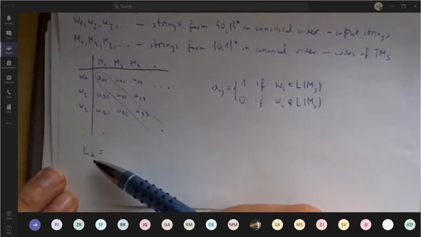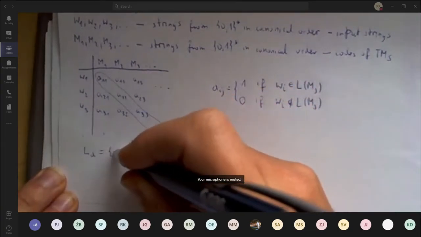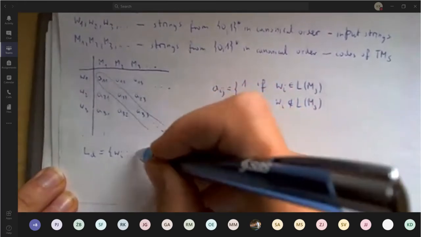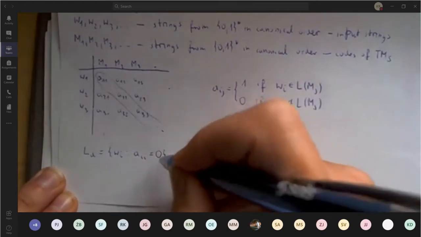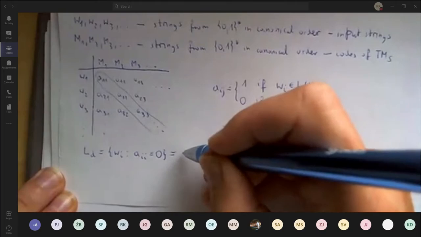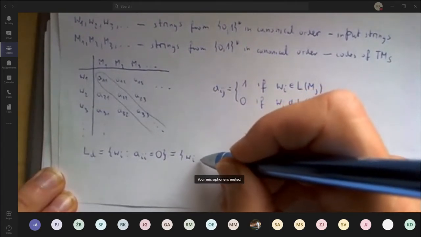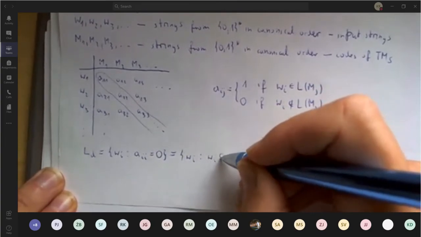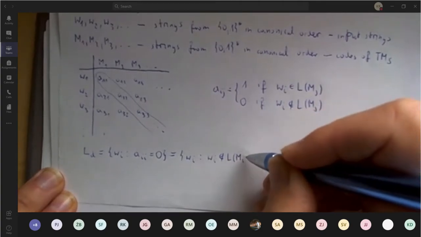We will call this language LD, D like diagonal. This is the set of all input strings wi such that aii is 0. In other words, it is the set of input strings such that the string wi is not accepted by the Turing machine Mi.